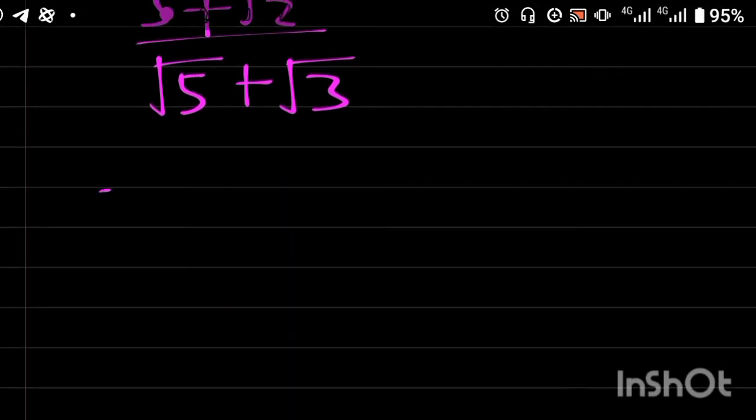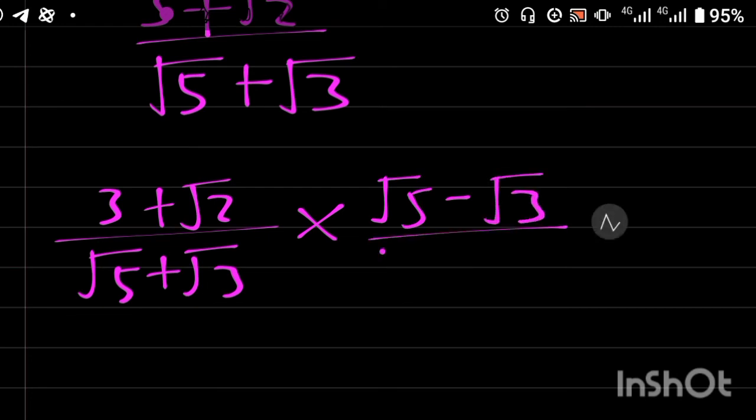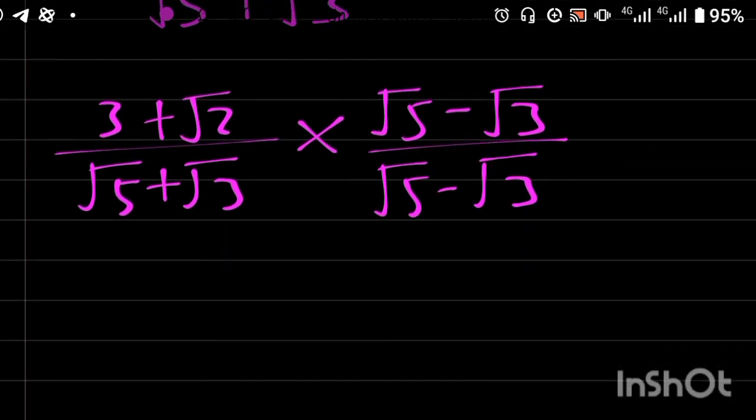Therefore, I'm going to have 3 plus root 2 all over root 5 plus root 3. Then times the conjugate of the denominator, which is root 5 minus root 3, all over root 5 minus root 3. So that's what we are going to do. So let's just multiply.